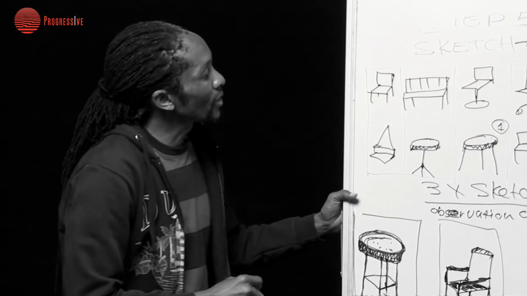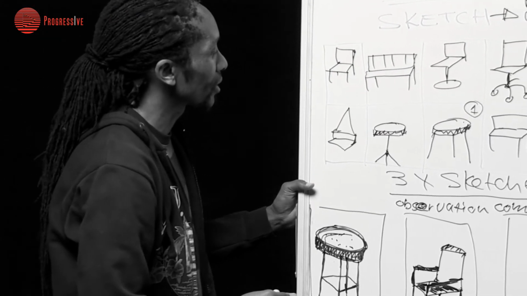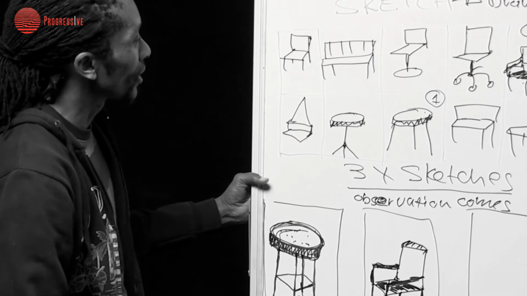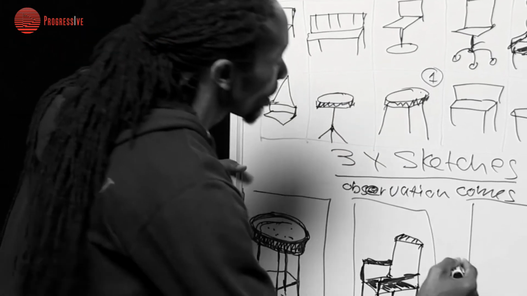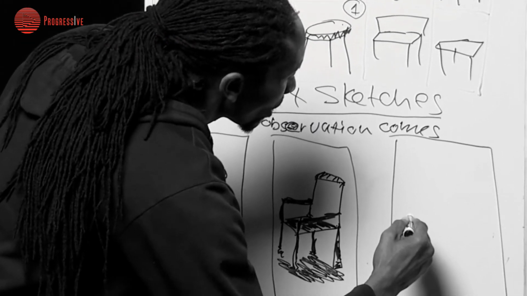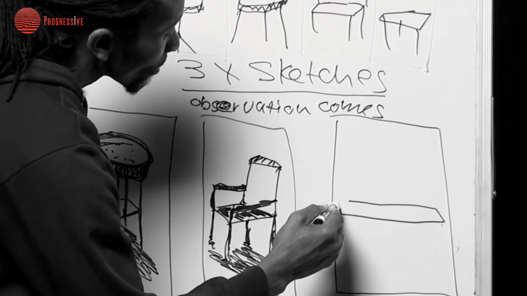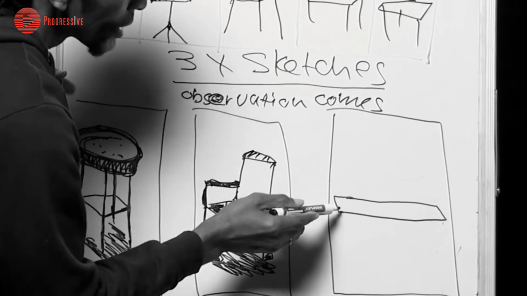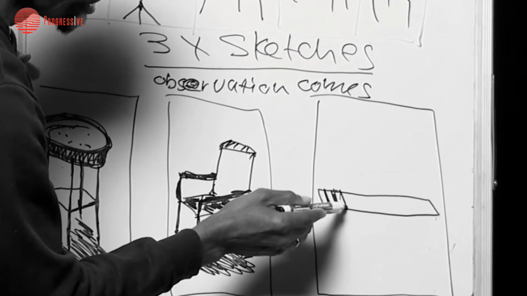So now let's take, for instance, our selection number 3, which is going to be what? Which one can I select? Let's say a bench. But I'll select a bench which is a little bit more simple. So I'll take it like that. Sometimes that bench is made out of what?